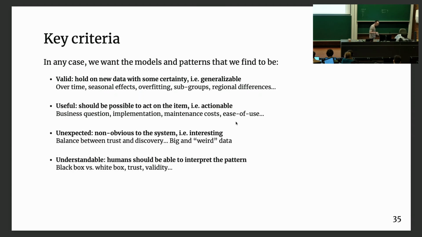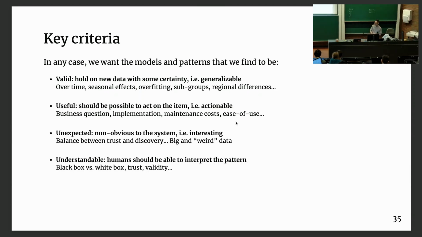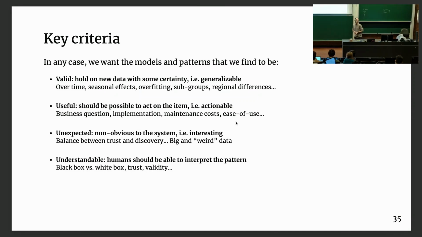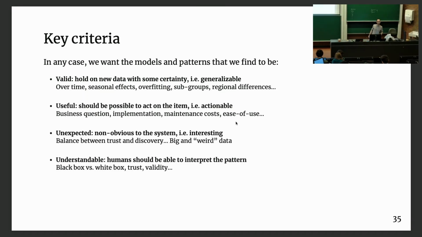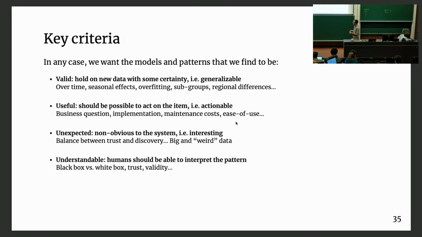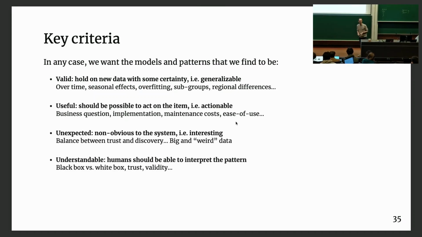And then, this is not a very strict one, but at least you hope that for humans, the models are also understandable. We would also like to learn something, right? Now, that depends. There are use cases where people will say, well, for us a black box model is fine. But typically, especially for stakeholders to get trust in the model, they will ask questions such as, why is your model wrong in this case?